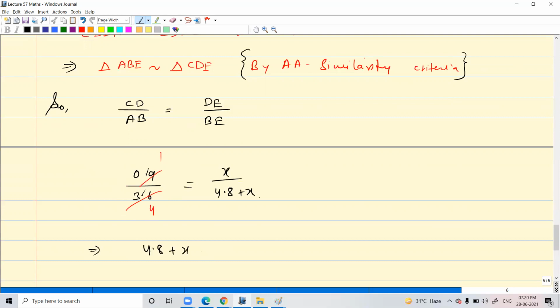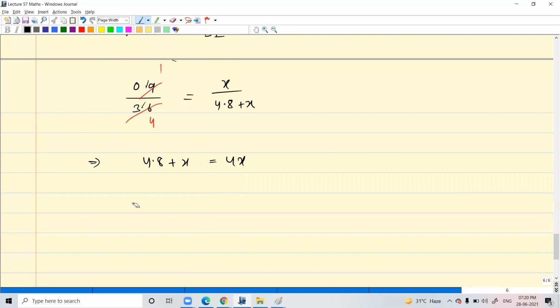Yes, now you cross multiply: 4.8 plus x into 1 will become 4.8 plus x, is equal to 4 into x, which is 4x. Transpose x to the other side, so 4x minus x will become 3x. Can I write 3x is equal to 4.8? I just interchanged it, transposed it here.